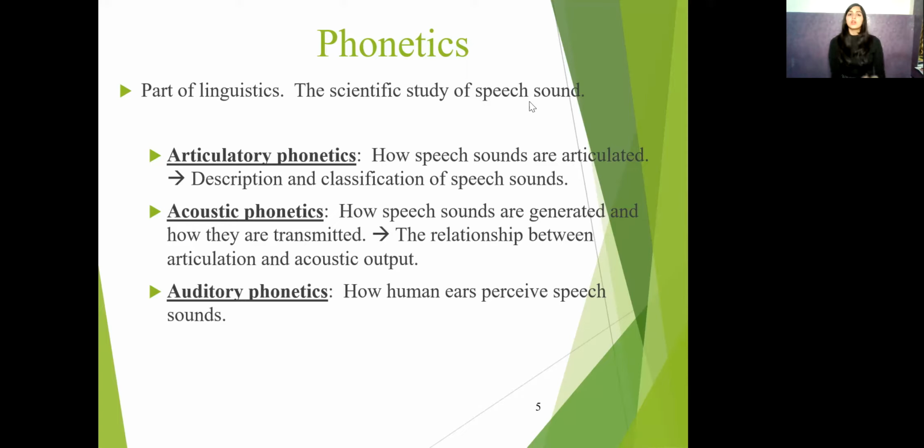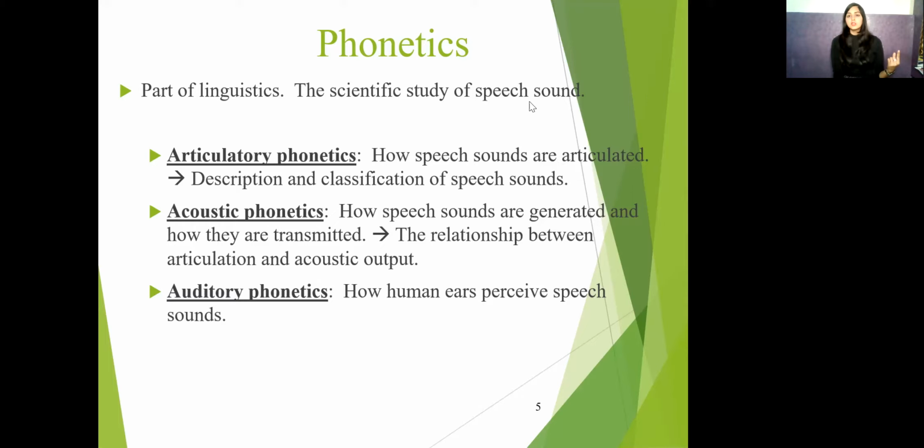Now, acoustic phonetics: how speech sounds are generated, how they are born or produced, you can say, and how they are then transmitted. The relationship between articulation and acoustic output, that is the input and the output. Let's see the last one, auditory phonetics: how human ears can receive the sound.